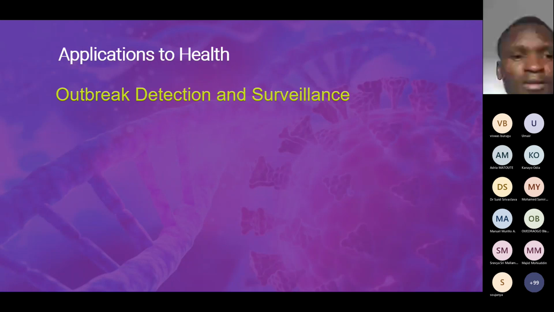So it means you can use metagenomics to explore outbreak detection and surveillance in a specific community. Let me give an instance. Let's say a particular pandemic, or a plague or an infection broke out in a specific community, maybe a community of 10,000 people, and you want to trace the infection down to the source.